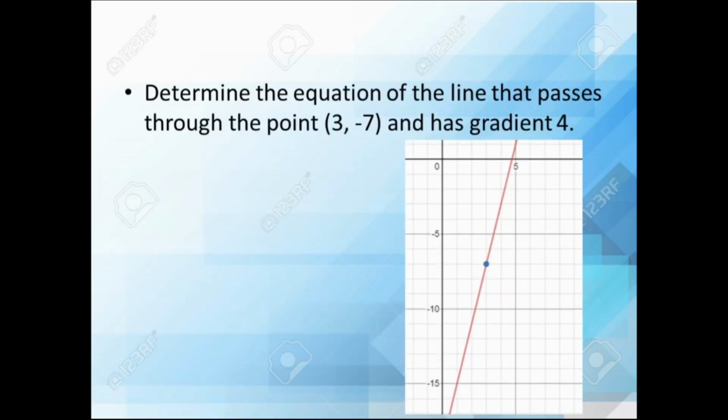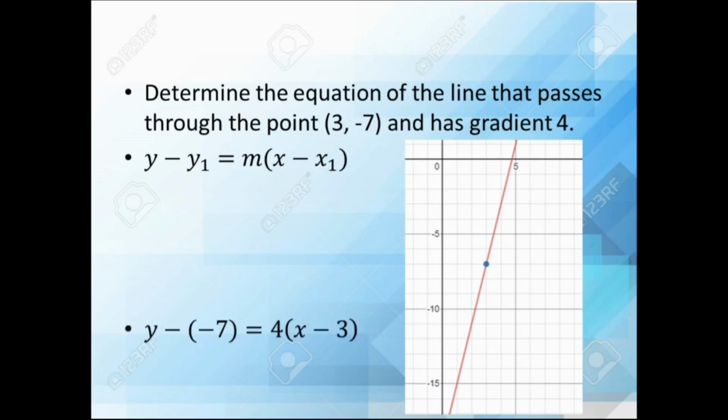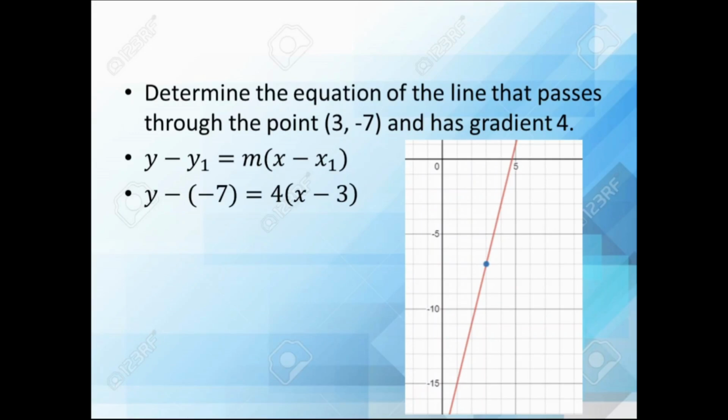Finding the answer now in standard form. We start by writing our formula. y minus y1 is equal to m times x minus x1. Substituting our values, our y1 value is negative 7, our gradient is 4, and our x1 value is 3.